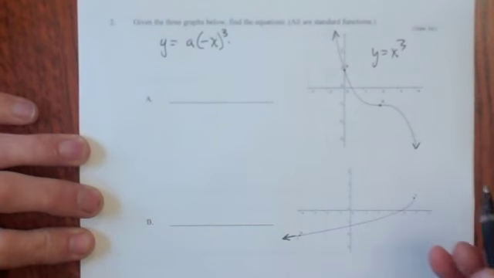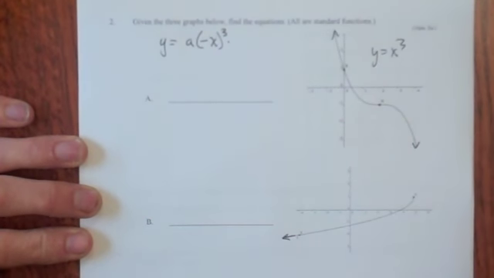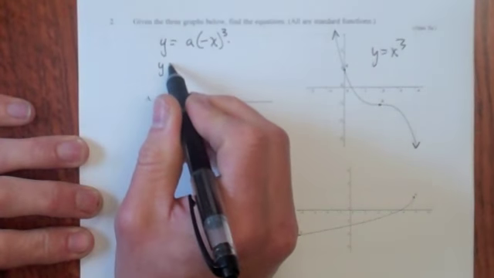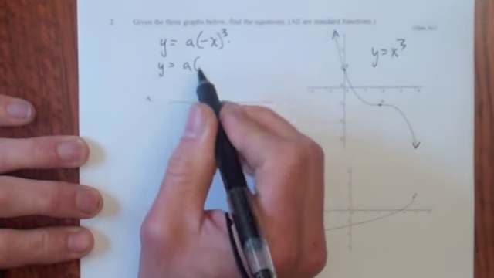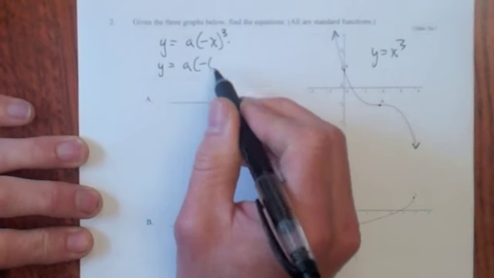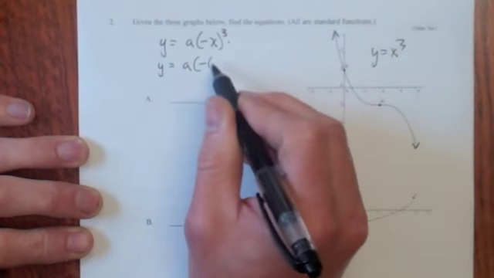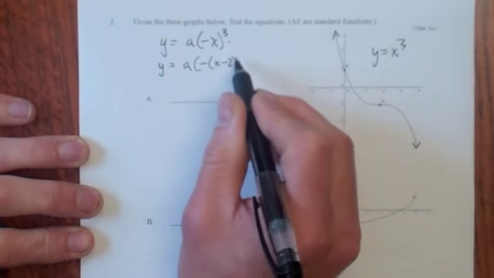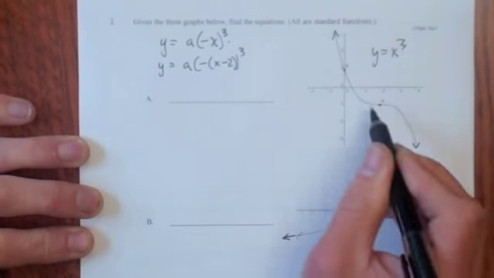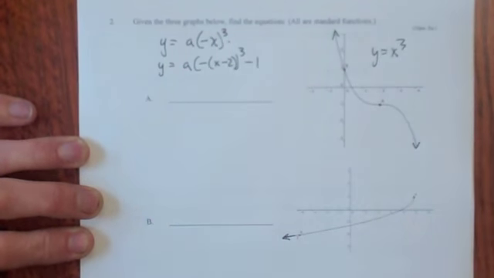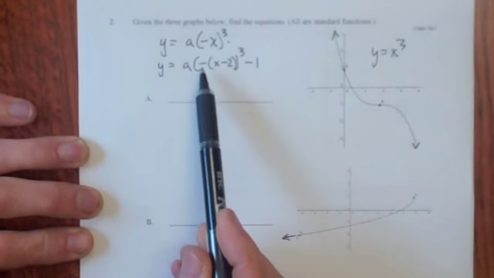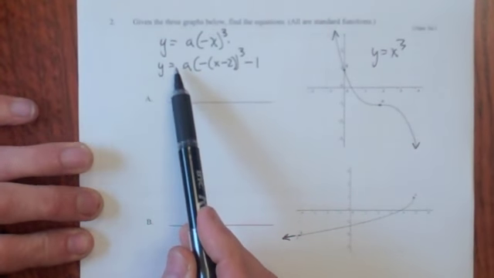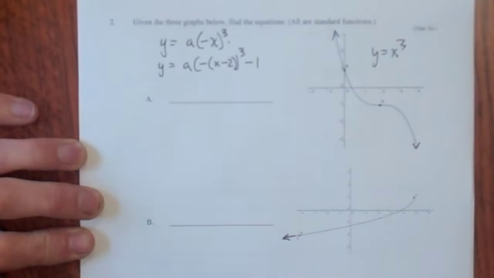So let's say y equals a times negative, and then it's shifted over 2, so it's (x minus 2) to the third, and then minus 1. So I put the negative sign in. You could just as easily take it out, but I've done it this way.